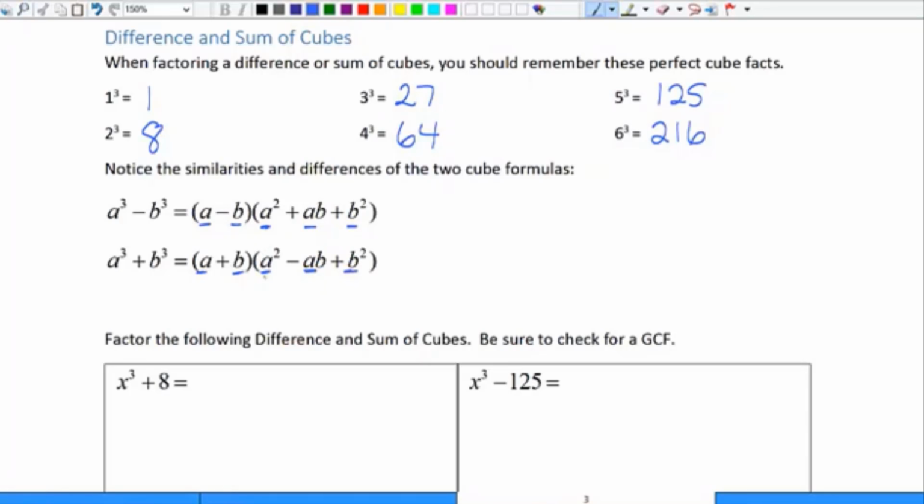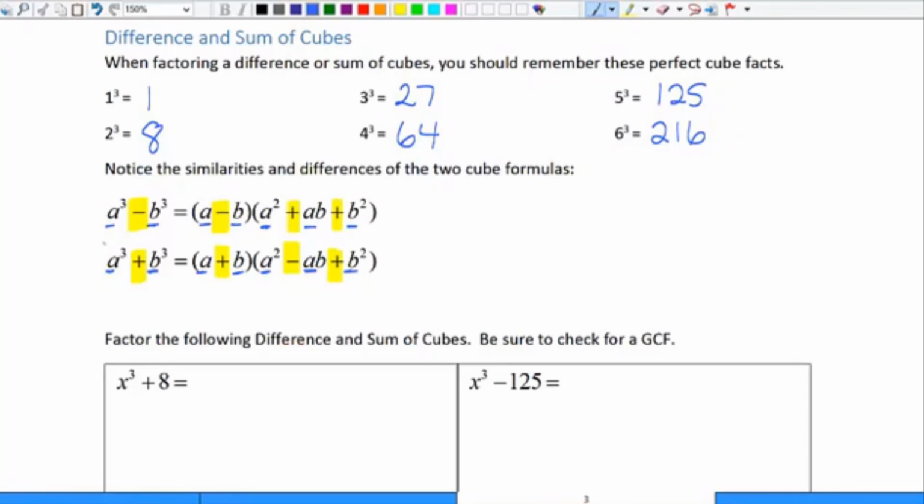Notice every single term is exactly the same. Even in the original polynomial, a cubed and b cubed is the same. So what is not the same? The only real differences are in the signs. There are differences in the original problem, and then there are differences here in my signs.